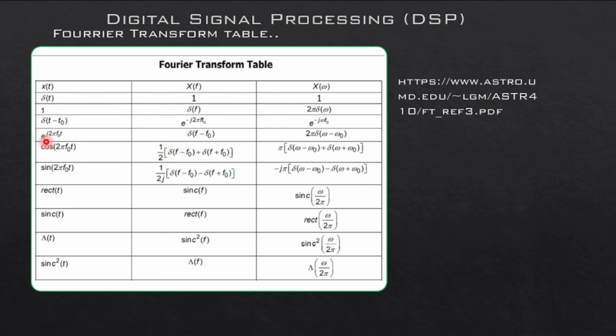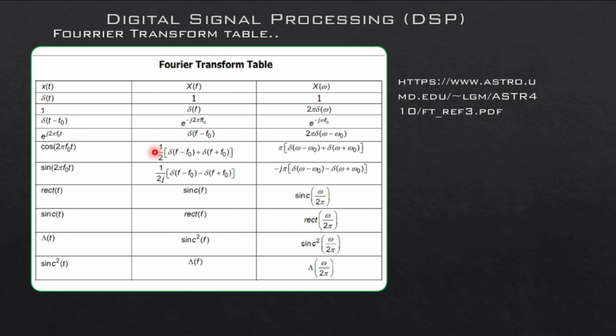Here's the example that we've seen moments ago, with omega being the pulsation, which is 2 pi f0. So e^(j omega0 t) would give you a delta function shifted by f0, delta(f - f0).